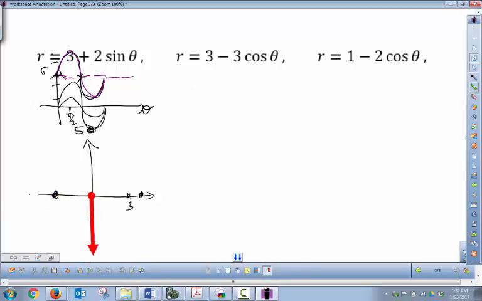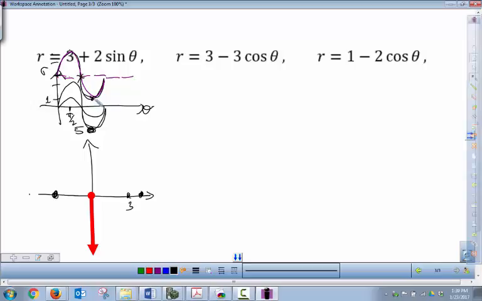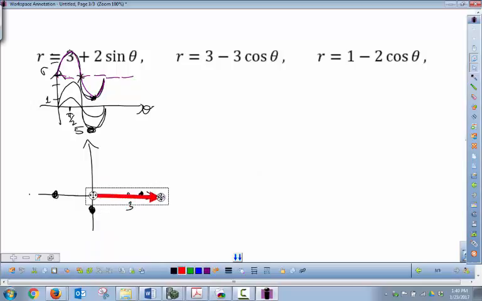When I get to 3 pi over 2, what value do I have there? It's -1 if it wasn't shifted. This looks like I'm at +1, right? So that would be +1 somewhere over here. And then I would bounce back up to the midline, which is 3.